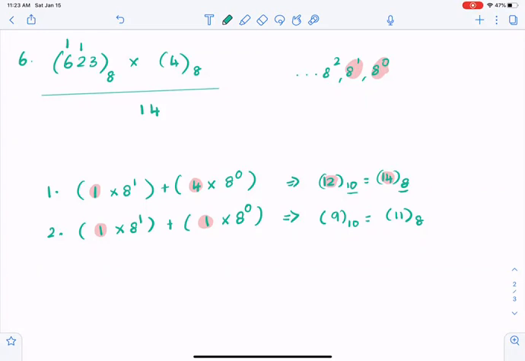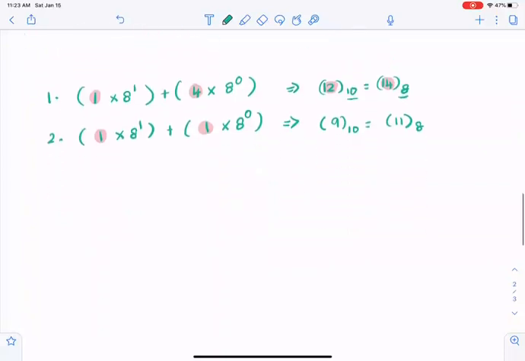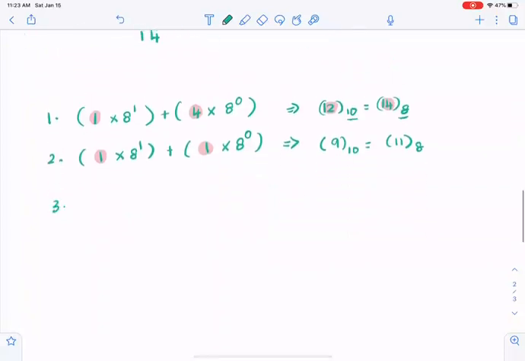Once again, we can only go up to 8 because 8 squared is 64, and that would exceed 25. So I'm going to put 8 raised 1 and 8 raised 0. If I put 3 there, 8 times 3 is 24. That leaves me with 1.